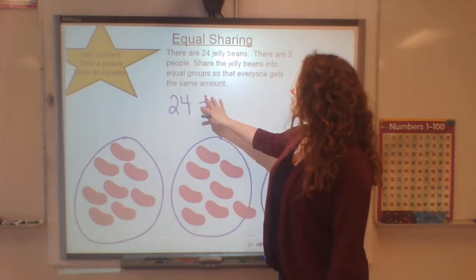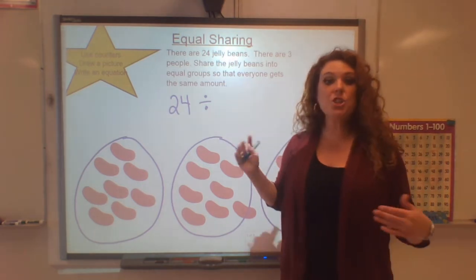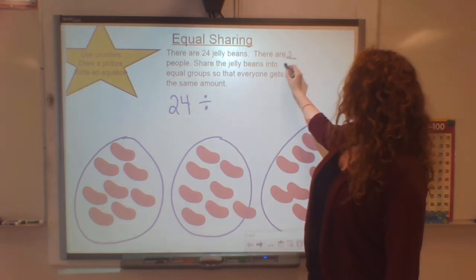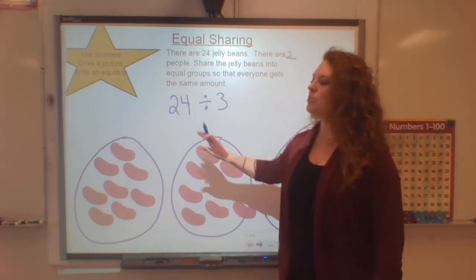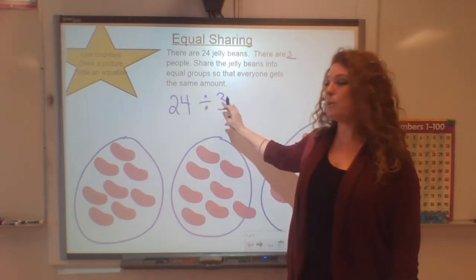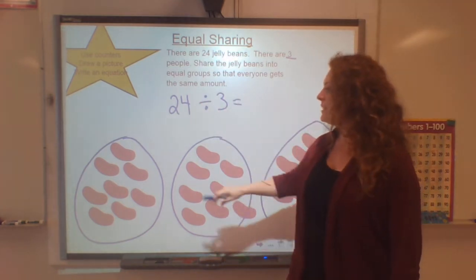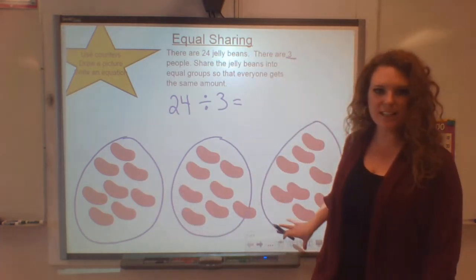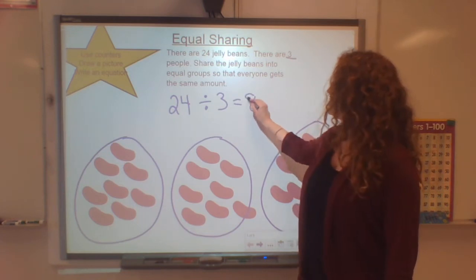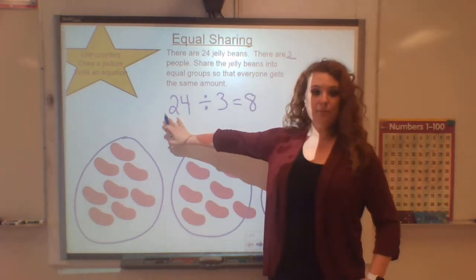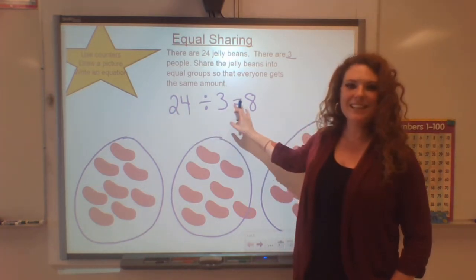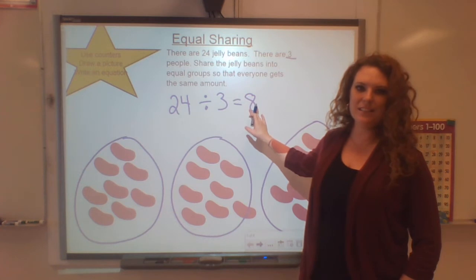So 24 divided by, or shared with, 3 people is, and how much did each kid get? They each got 8 jelly beans. So 24 jelly beans divided out by 3 people is 8 jelly beans each.